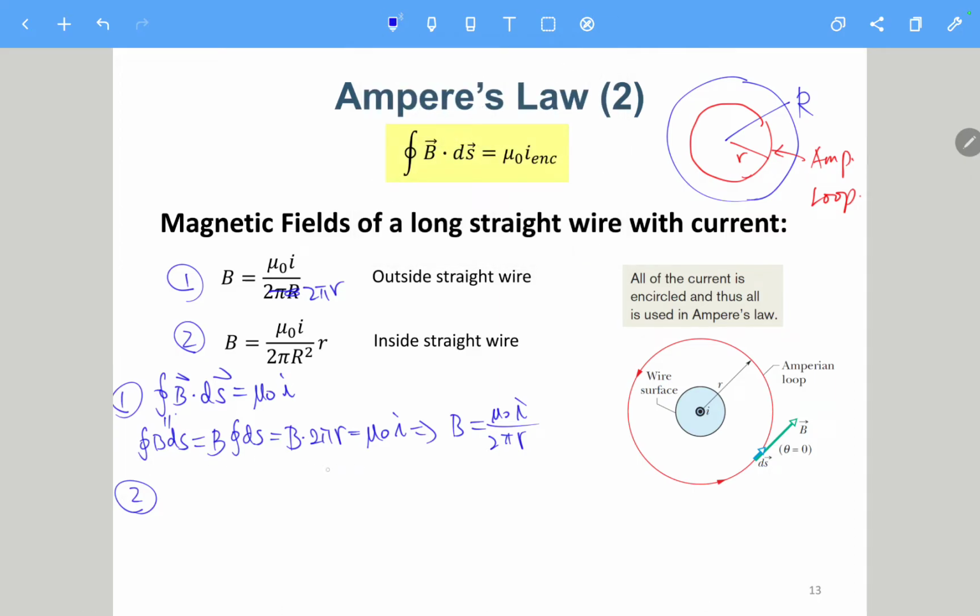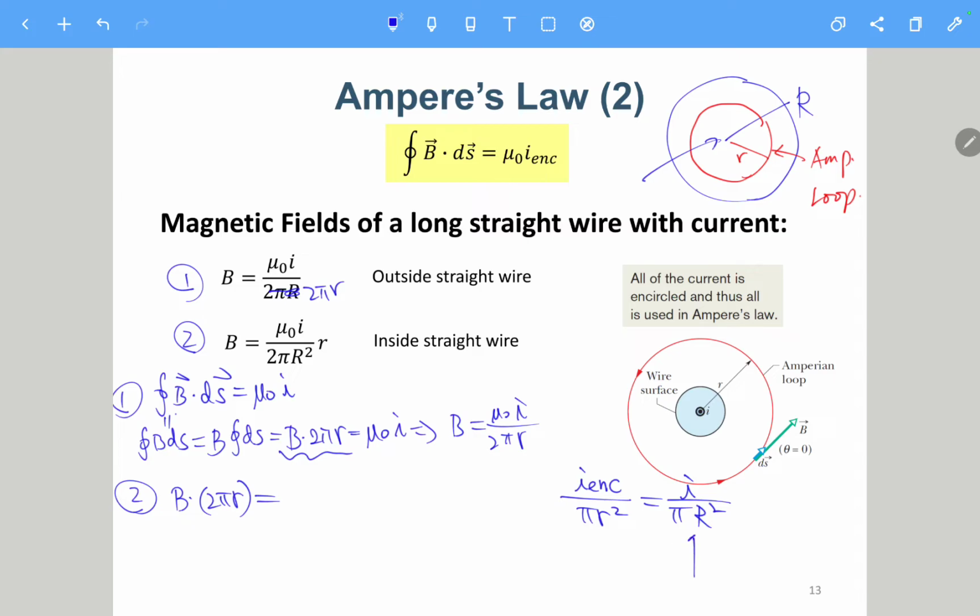Here the left side is still the same, B times 2 pi r, nothing special. On the right side, mu 0 I enclosed, we need to determine what I enclosed is. Since the current density is uniform inside the wire, we can write that I enclosed over pi small r squared is the same as I over pi capital R squared.